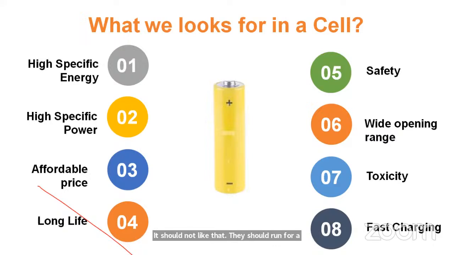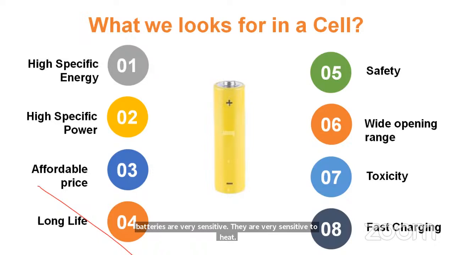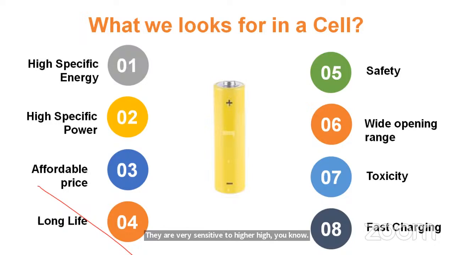Safety, we should choose a cell which is safe. Okay, this is a very important point. Why? Lithium ion batteries are very sensitive. They are very sensitive to heat. They are very sensitive to overcharge. They are very sensitive to over discharge.